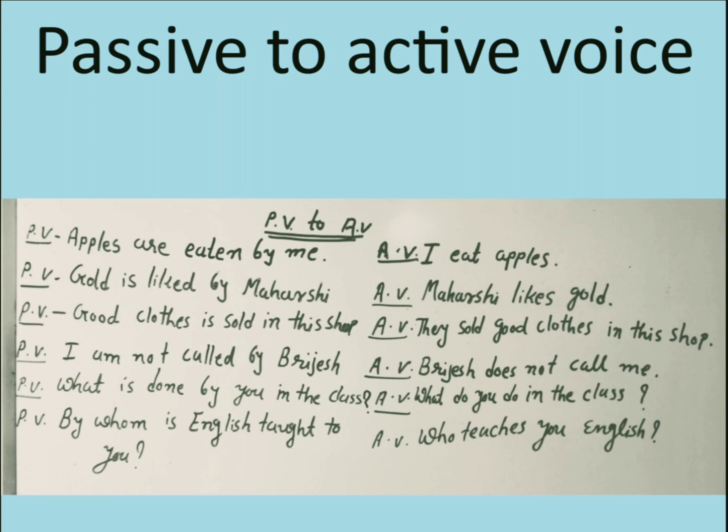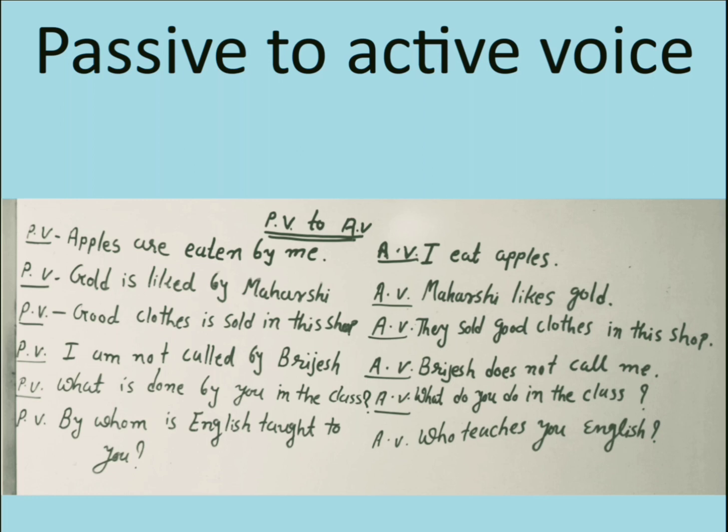By me will be used in the beginning, and me becomes I. I eat apples. Second example, gold is liked by Maharshi. Maharshi is the subject, and will be used in the beginning of the sentence. Maharshi likes gold.